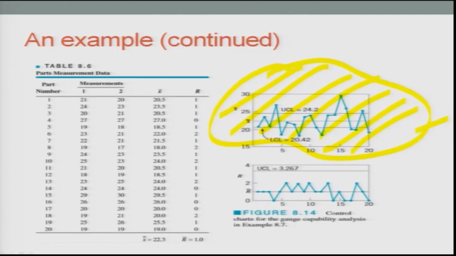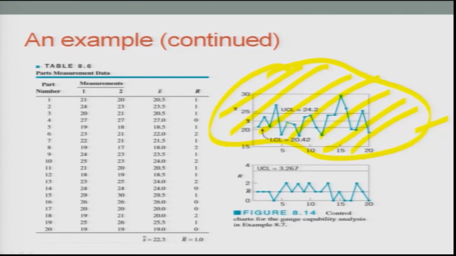So, you are trying to basically measure x bar along the y axis, along the x axis you have the reading number, part number, and the graph shows the UCL value as 24.2 and the LCL value is basically 20.42. So, there are many points which are above and below the control limits.